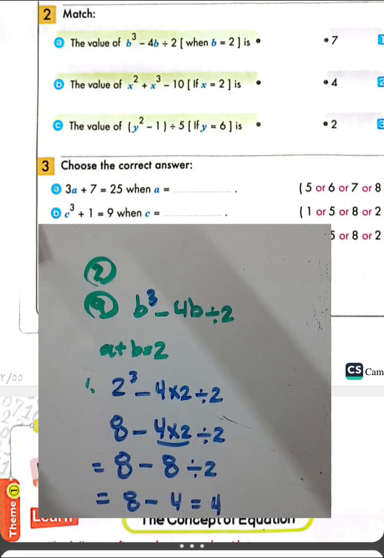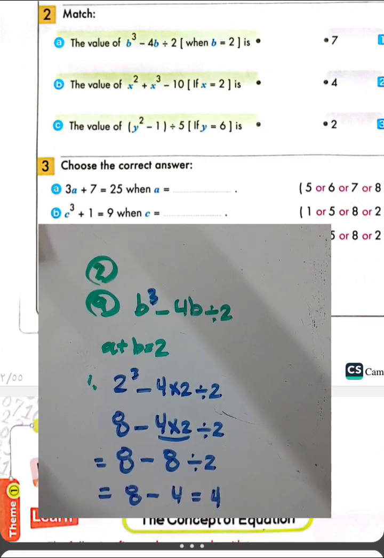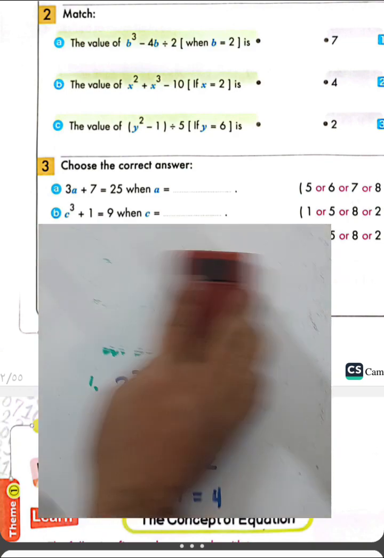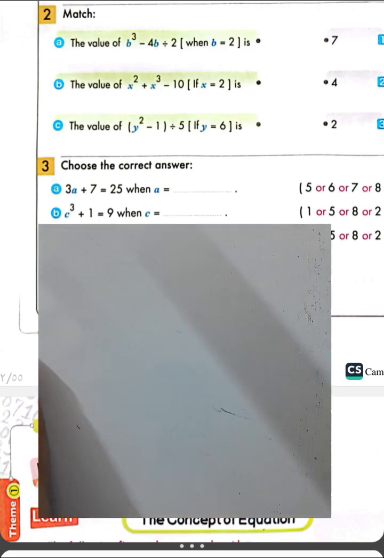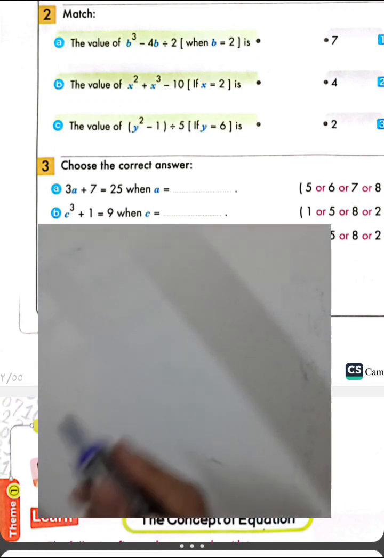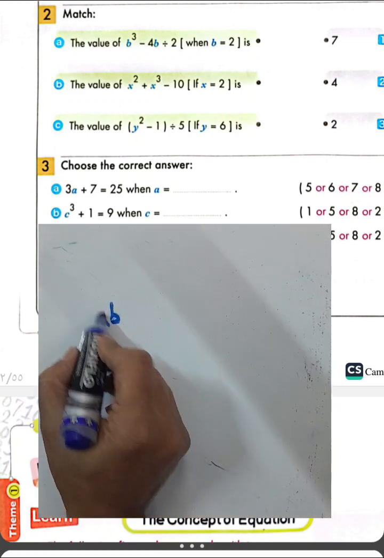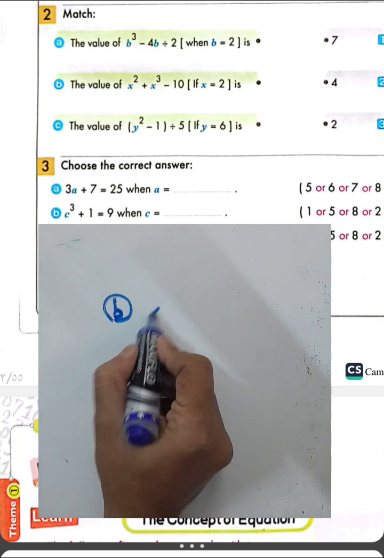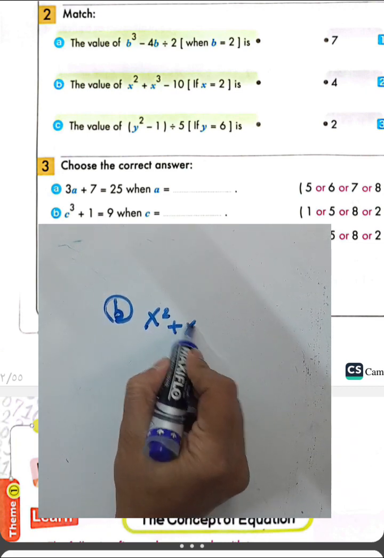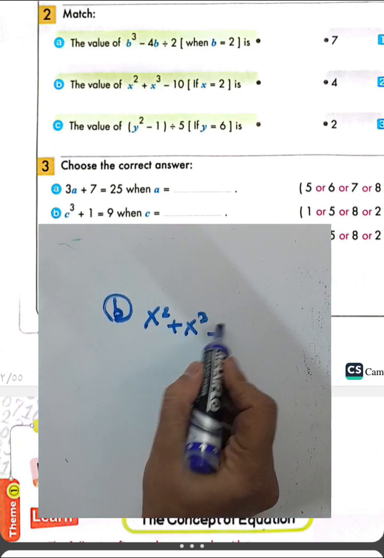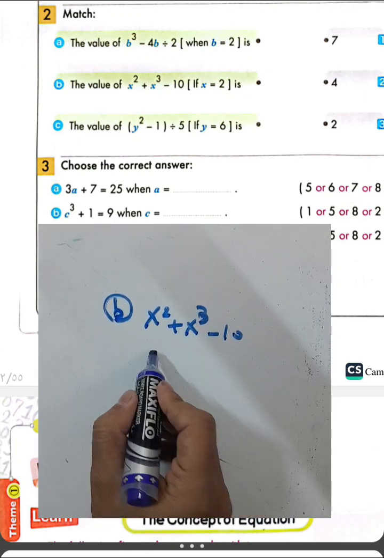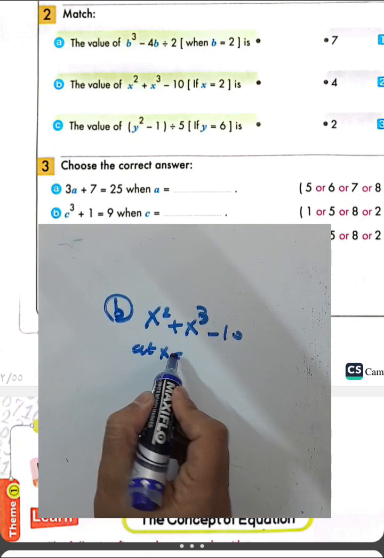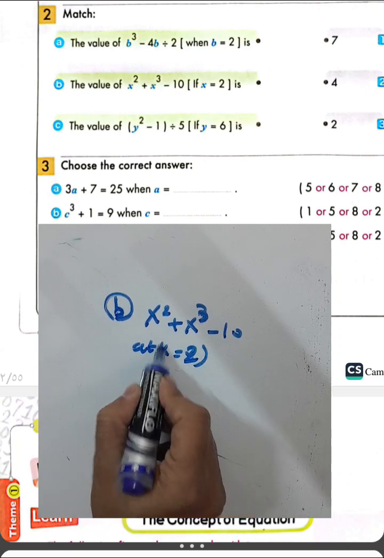Okay, it was question letter A. Letter B: the value of the expression x power 2 plus x power 3 minus 10 at x equal to 2.